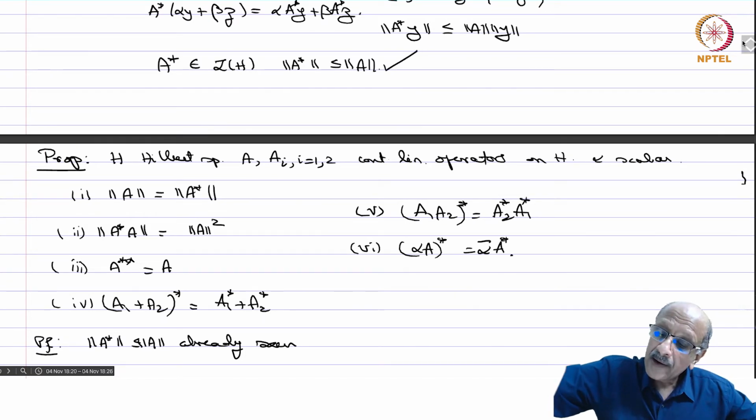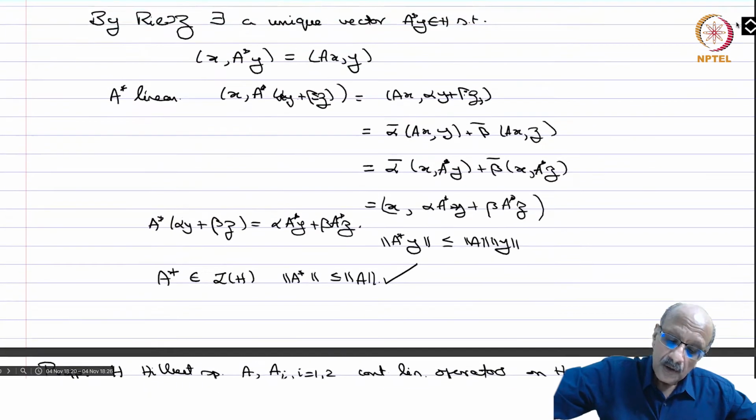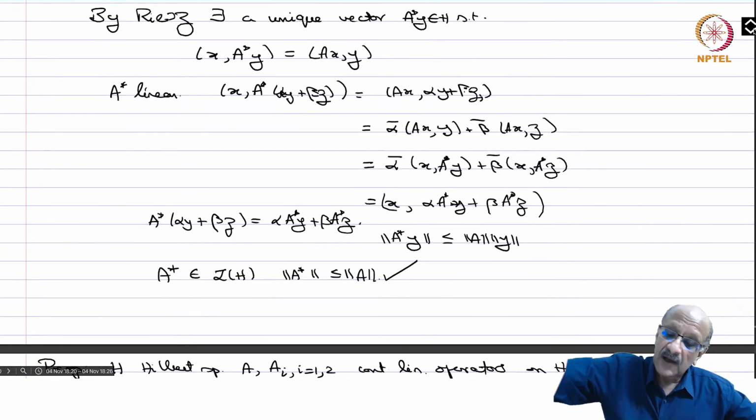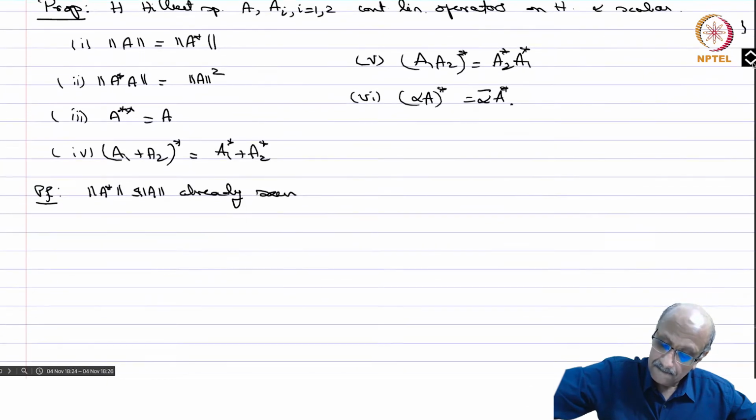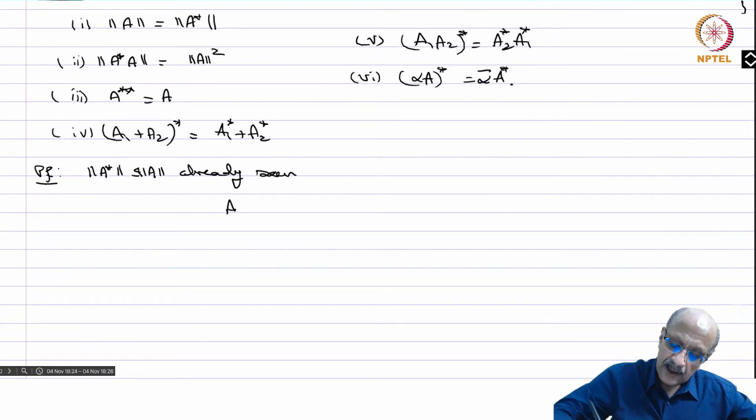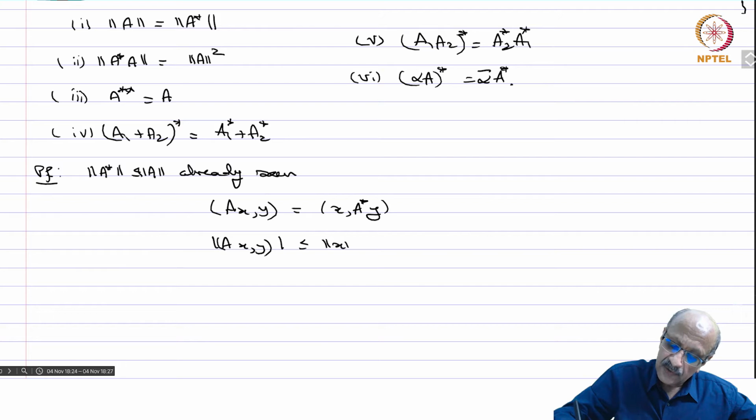Now we go back to the relationship with which we defined A star, so we get <Ax, y> equals <x, A star y>. So |<Ax, y>| is less than or equal to norm x, norm A star, norm y.